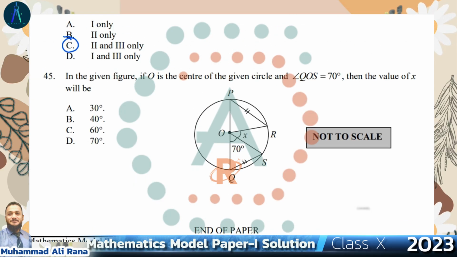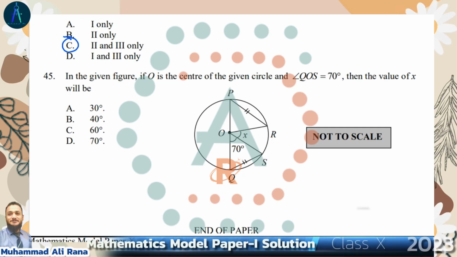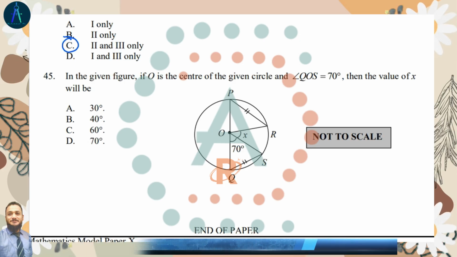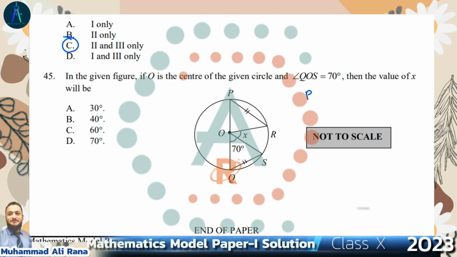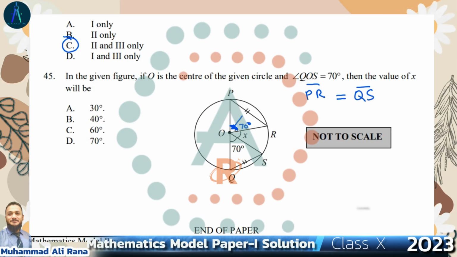Now see the last question of this model paper, question 45. In the given figure, angle QOS is 70 degrees and we have to find the value of X. One more thing: PR and QS, these two are chords that are equal. Since both chords are equal, the angles opposite to them will also be the same. So the angle formed here will also be equal to 70 degrees.